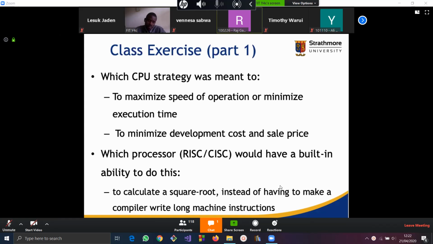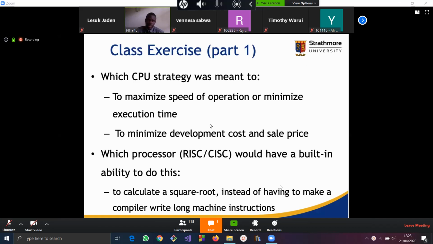Therefore, it's less strenuous on the hardware. Therefore, you can implement low-end hardware and still achieve the task, minimizing the development cost. Okay, so I don't need to add anything to that. What Raj said is correct.